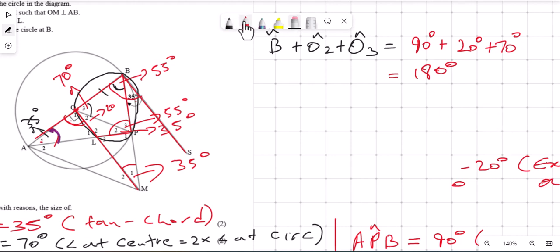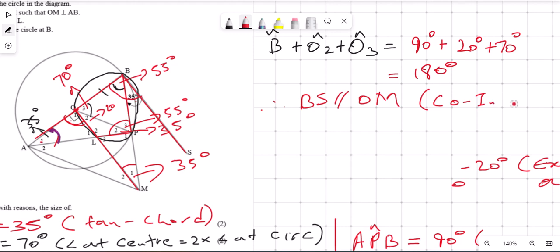Therefore, BS is parallel to OM. Give us a reason. Co-interior angles are supplementary.